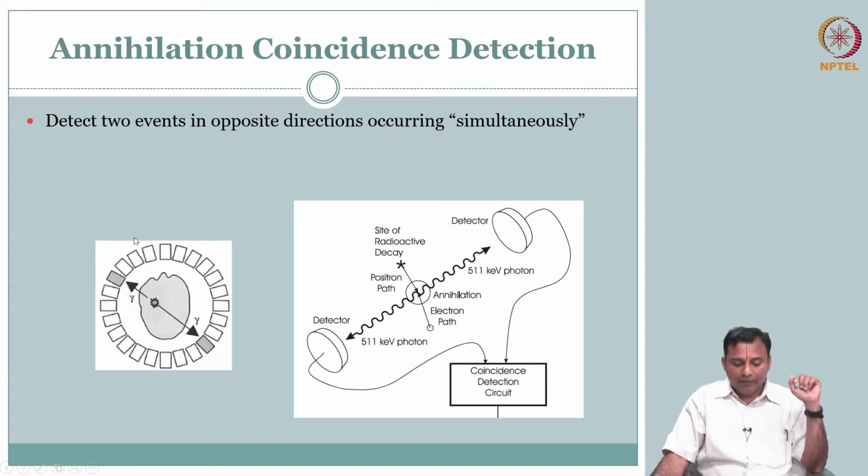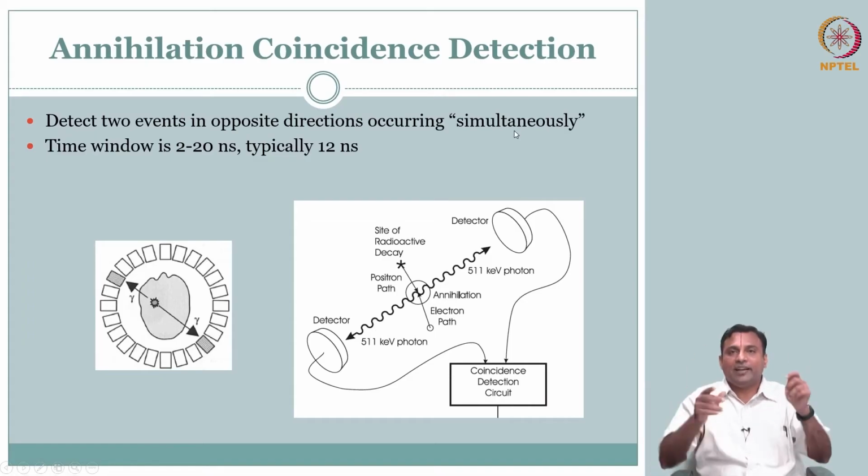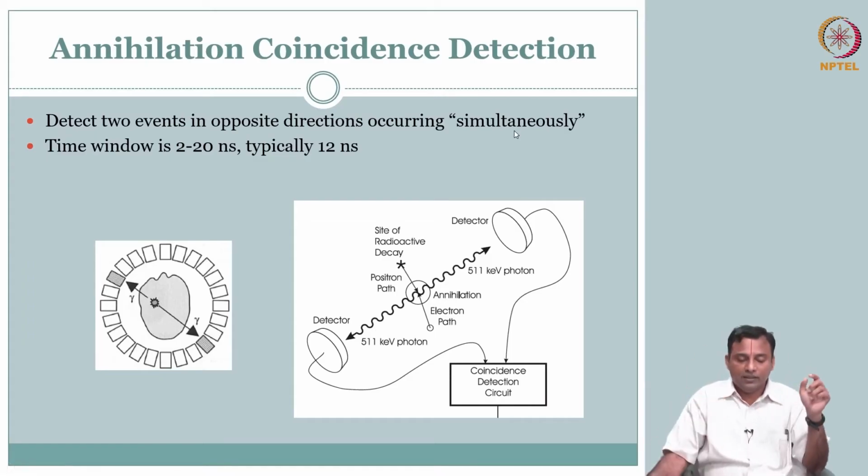Okay. So, you can have an activity here. So, you have a detector. So, you will have activities detected. If the circuit is able to tell when these two happened, and it so happens that it is within some short window, because simultaneous means it is not exactly the same, there should be some tolerance because it is in slightly different locations. So, simultaneity is measured in terms of this tolerance window: 2 to 20 nanoseconds.